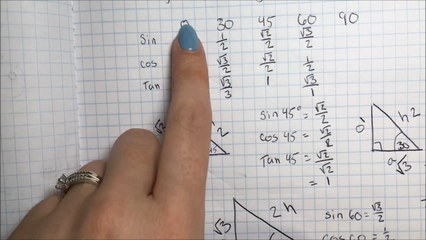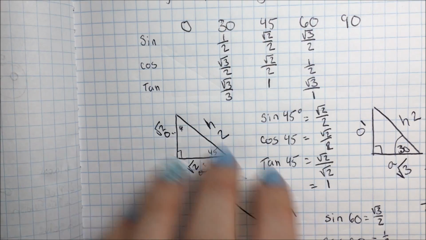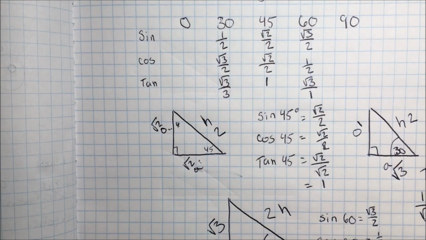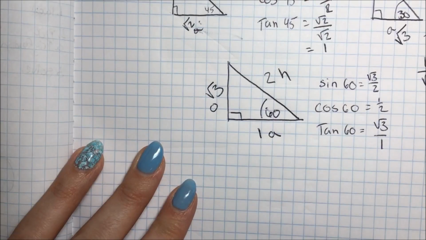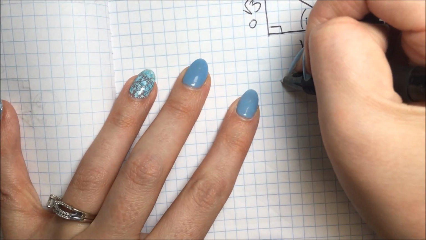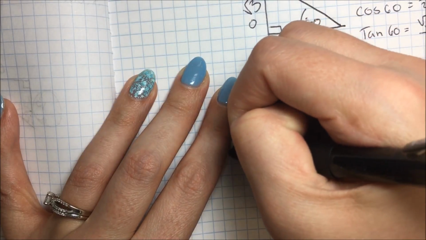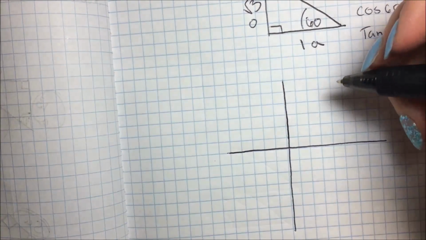Now, coming up with 0 and 90 is a little bit harder. Okay? Zeros and 90s, we can't really use those as reference angles, but they do have sine and cosine values, and here's why. Okay? We're going to talk about something called the unit circle. Okay?